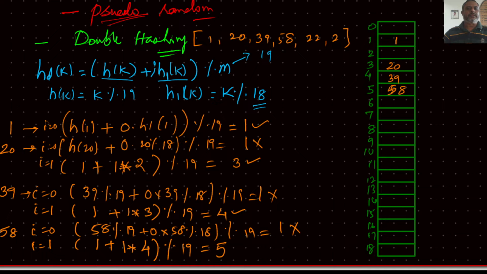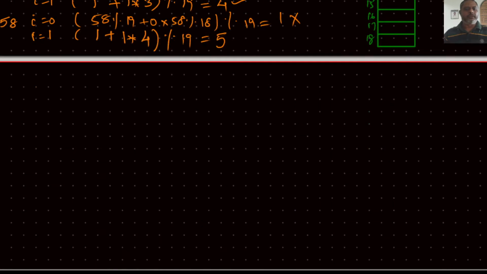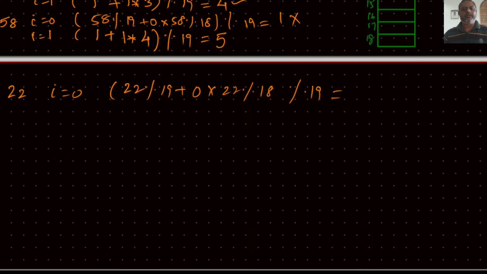Okay, next number is 22 with i equal to 0. So it is 22 mod 19 plus 0 times 22 mod 18, mod 19.